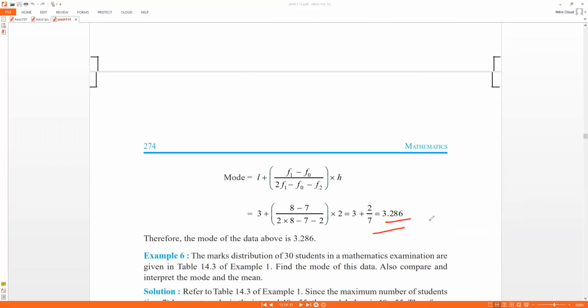Actually it's always best to calculate the mode or even any answer up to 2 decimal places. So 3.29 लिहिलं तरी चालू शकणार आहे याच्यामध्ये.